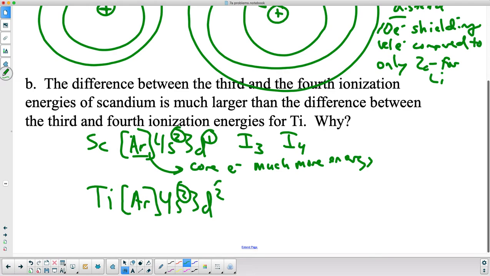So here I have 4 valence electrons before we get to a core electron. So I4 is still low in energy, because the 4th electron that we're stealing from titanium still does not come from the core electrons in argon's electron configuration.